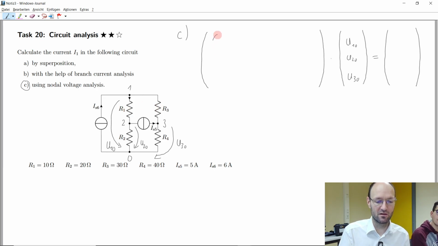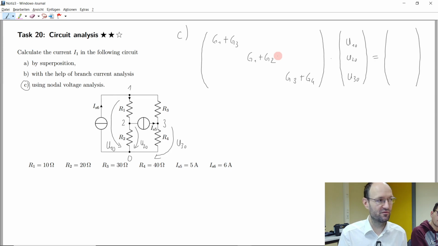So we write down the sum G1 plus G3. At the second node, we have 1 and 2 connected. So here it's the sum G1 plus G2. And at this last node, we have 3 and 4, so it's the sum G3 plus G4. Okay, so main diagonal, check.